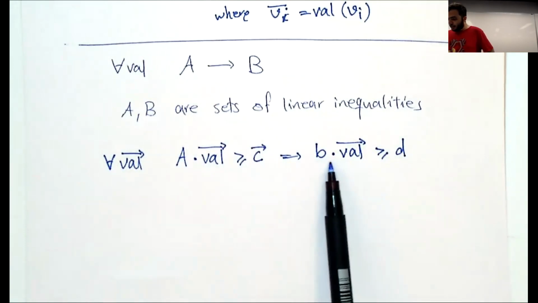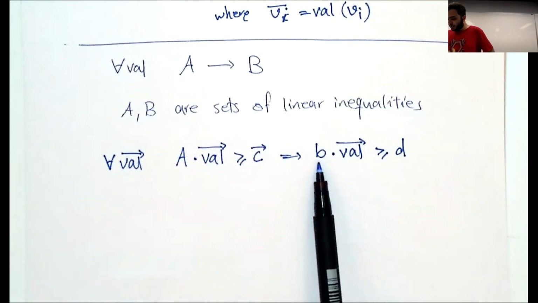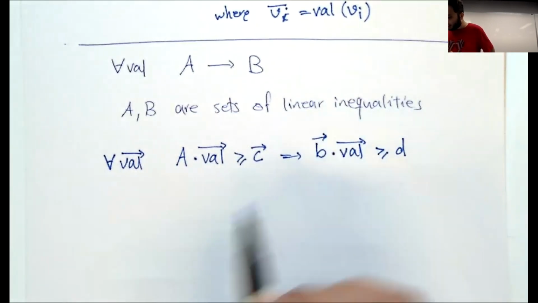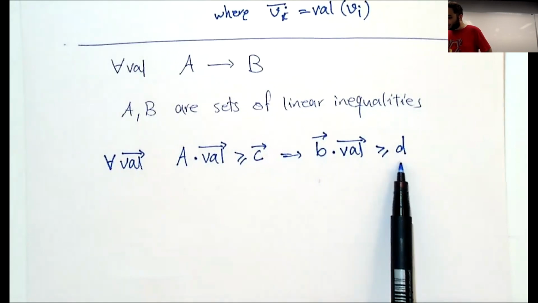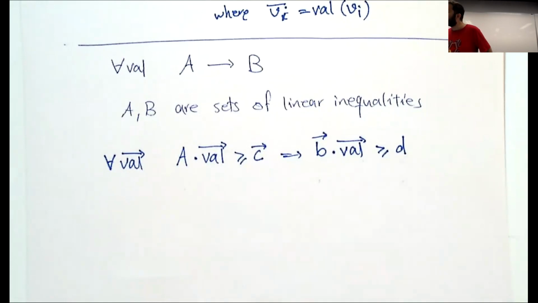And then I can write that one linear inequality in this format, basically some vector B, again, times my valuations is greater than or equal to some, this is now a scalar D. Okay? So this is what I want to solve. How can we solve this?